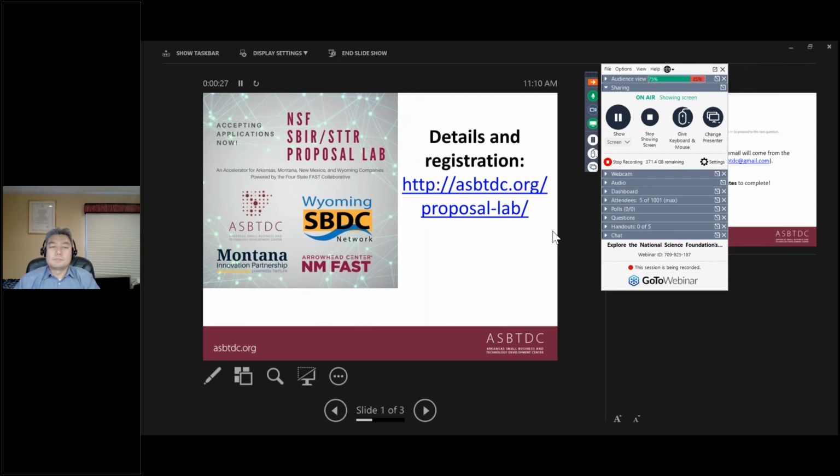We've all won funding through the Federal and State Technology Program of the Small Business Administration, so we have a similar mindset for how to assist our clients in our respective states. But this is a way for us to join forces and share tools and resources for companies that are new to this program that want to have a better chance of success in winning phase 1 funding from the National Science Foundation. It's free, as all of our services are.